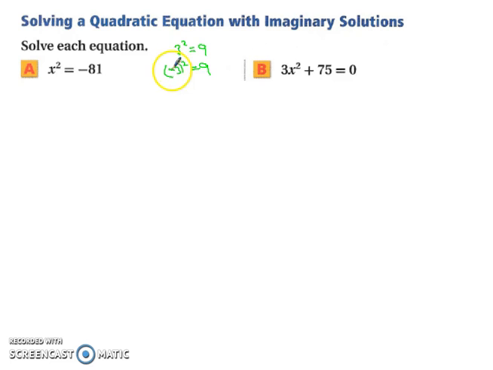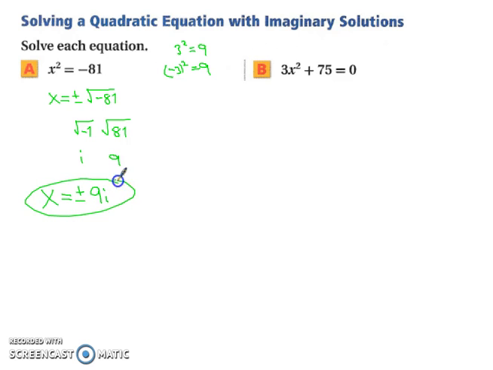So you need to take the plus and minus, just like you do with imaginary solutions. So we have x equals plus or minus the square root of negative 81. Now we need to simplify the square root of negative 81. So the square root of negative 1 times the square root of 81. That's i, and this is 9. So x equals plus or minus 9i.